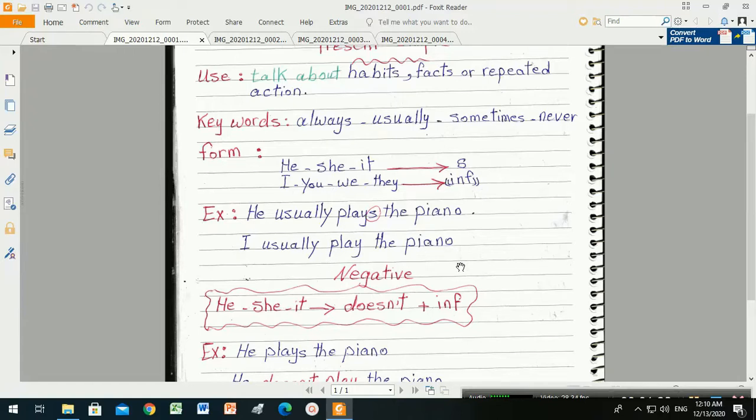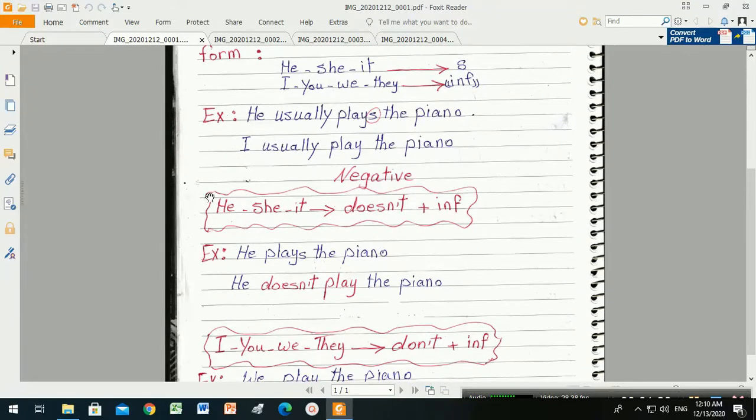Okay? If we want to make this negative, he, she, it take doesn't plus the infinitive. For example, he plays the piano. He doesn't play the piano. He, she, it takes doesn't. Okay? And then after doesn't, the verb in infinitive.